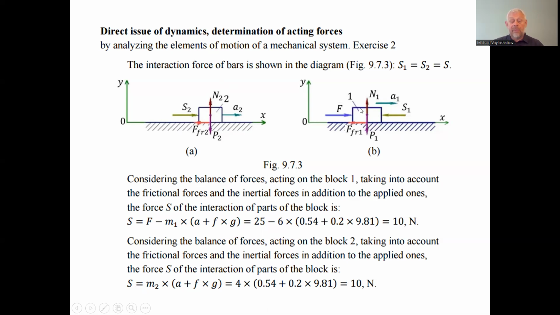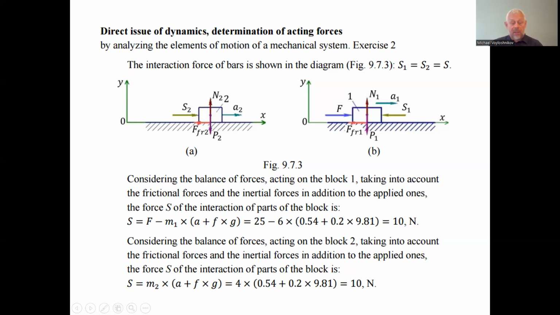The mass of the first block is 6 kilos multiplied by the acceleration, and also by the component of the friction force, the friction factor multiplied by 9.81 gravity acceleration. This balance gives us 10 newtons, the force acting on behalf of the second block on the first one.